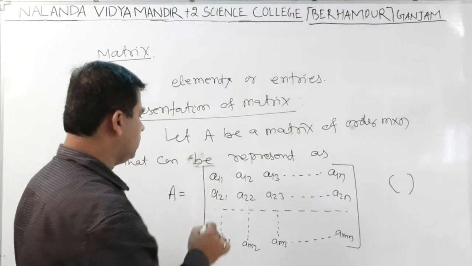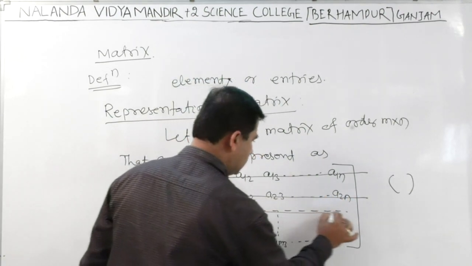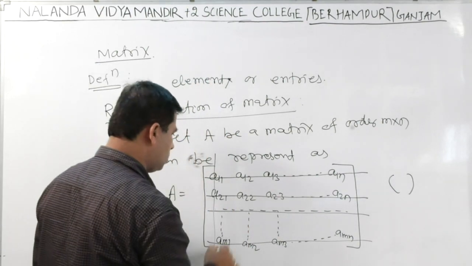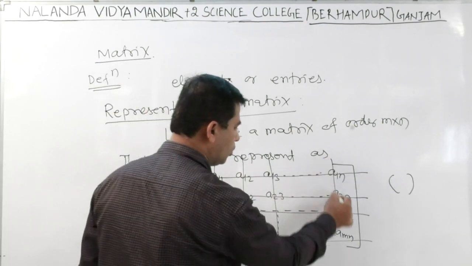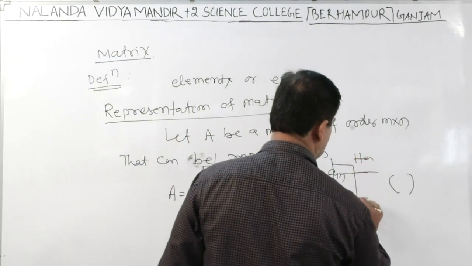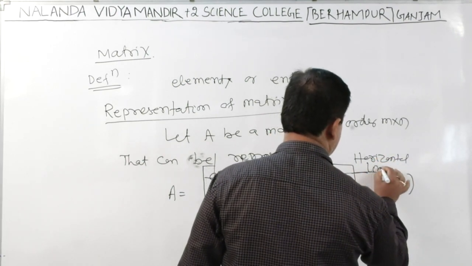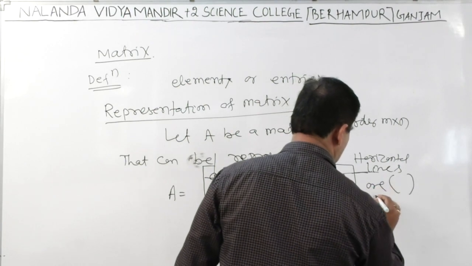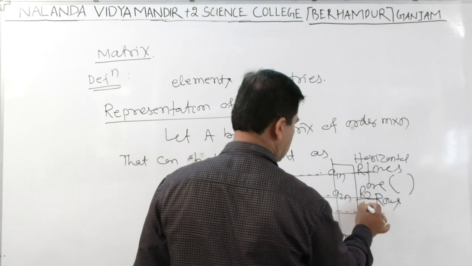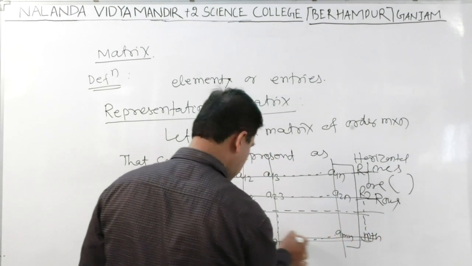Now we observe these horizontal lines. These horizontal lines are known as rows of the matrix, and the vertical lines are known as columns of the matrix. This is our first row, this is our second row, then our nth row, this is our mth row.